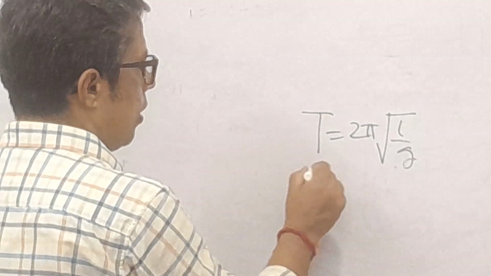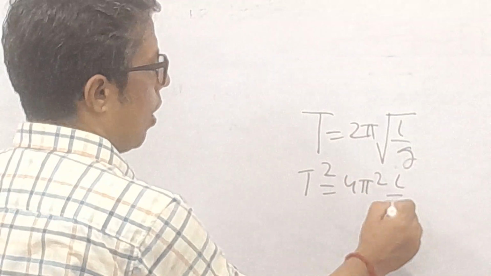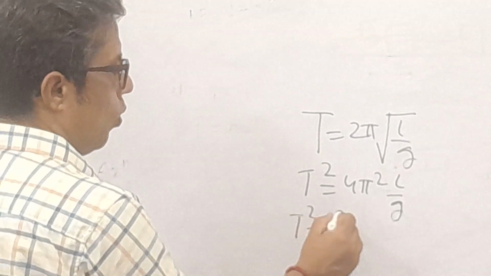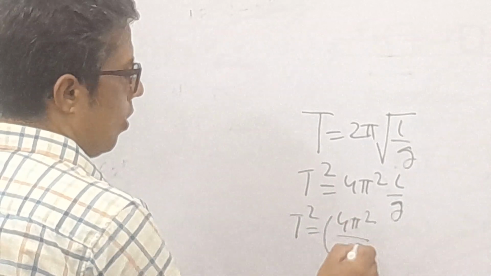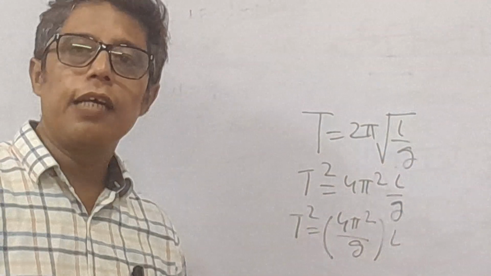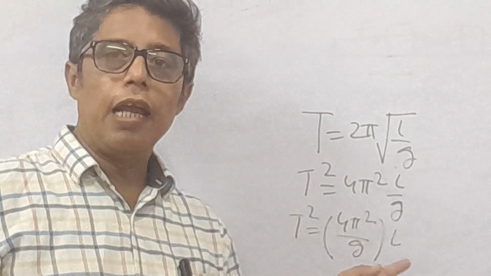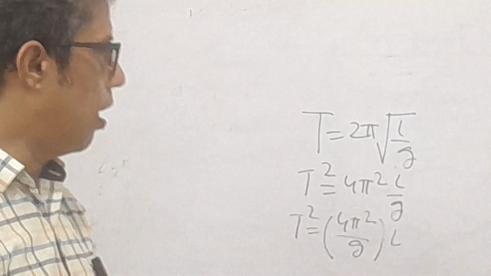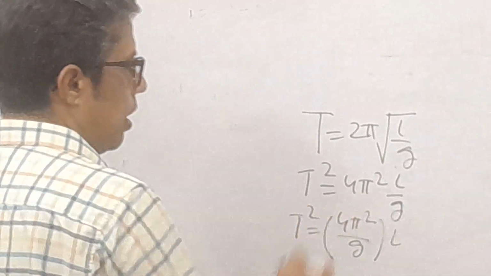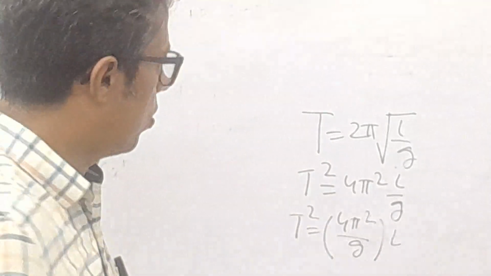If you square this, T square is equal to 4 pi square L by G, or you can write T square is equal to 4 pi square by G into L. So we can see that T square is directly proportional to the length of the string. This 4 pi square by G is the constant term.